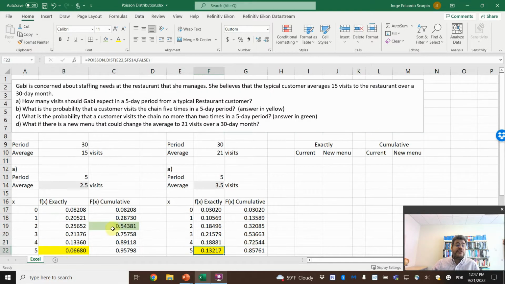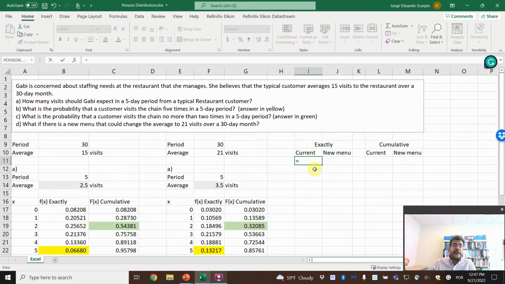And no more than 2 decreases from 54% to 32%. Is it good? Yes, because the 54% is not going at a maximum of 2 times, but a maximum of 3 times. So the more times they go to our restaurant, the more revenue. And then the average goes up. That is why it's better.